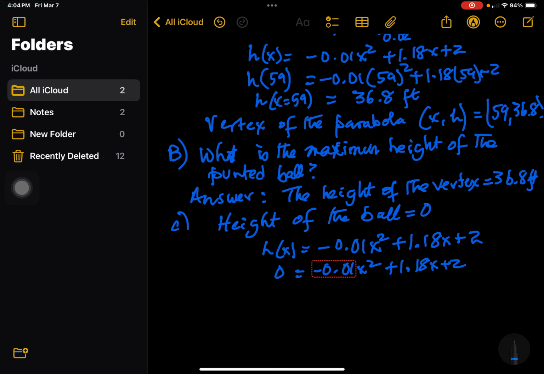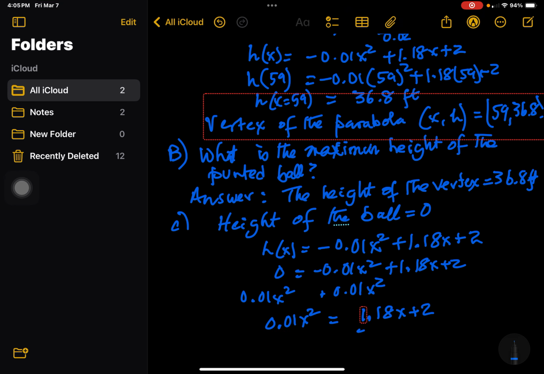Now we will use the quadratic formula, but before we do that, we will add 0.01 x square on both sides. So we will have 0.01 x square is equal to 1.18x plus 2.